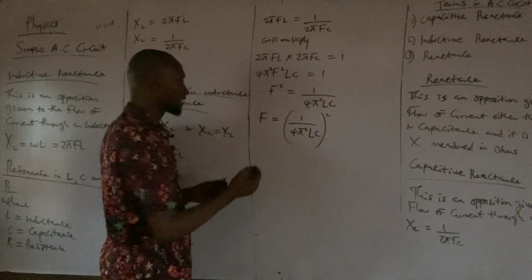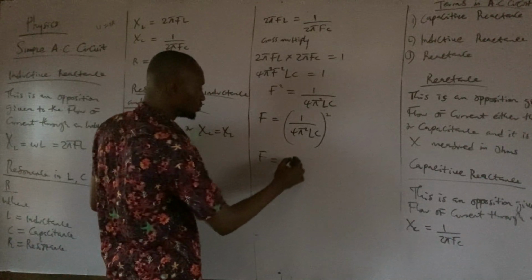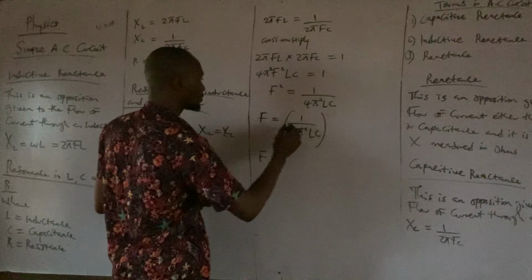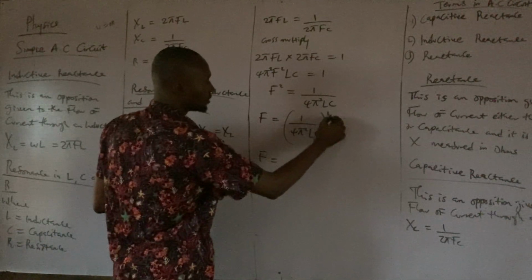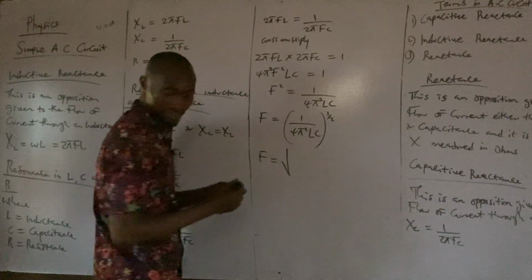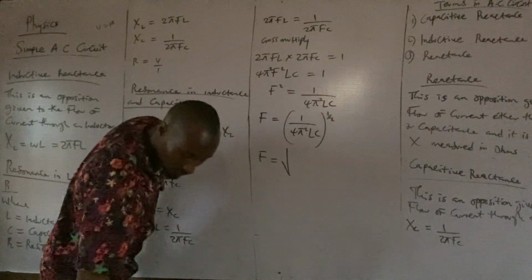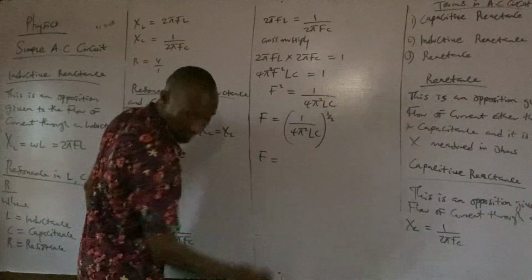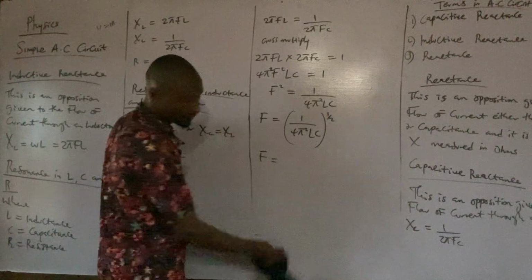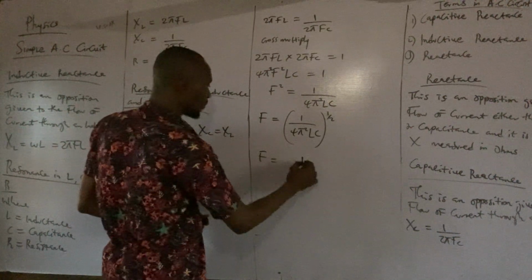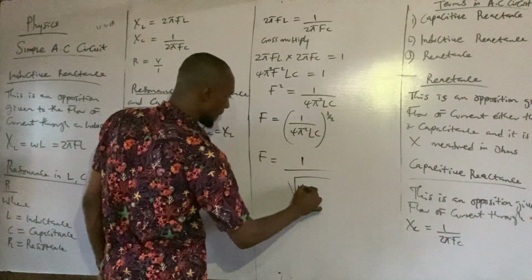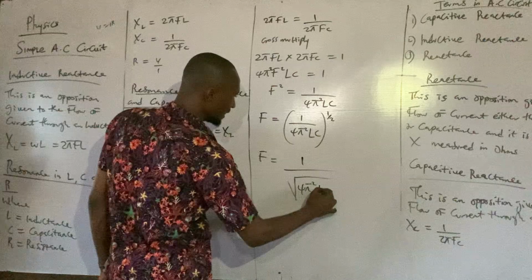So F is equal to the square root. So this is 1 over root 4 pi square LC.